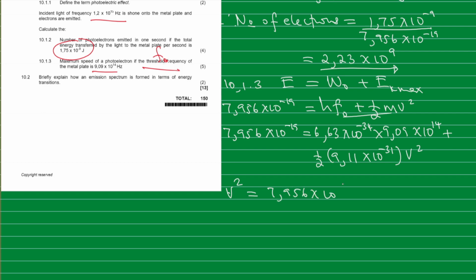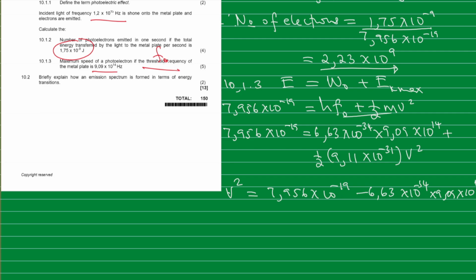We can say, what is our v squared? So take this one over, that is 7.956 times 10 to the power negative 19. I'm going to subtract this, because it's added to the v squared here. So subtract 6.63 times 10 to the power negative 34 times 9.09 times 10 to the power 14.